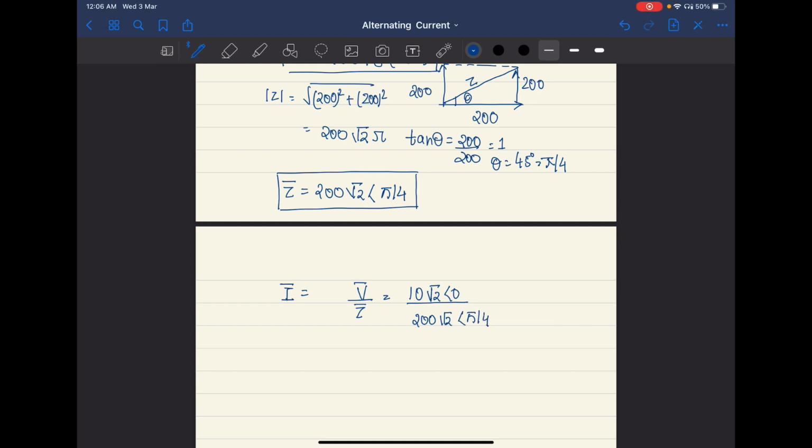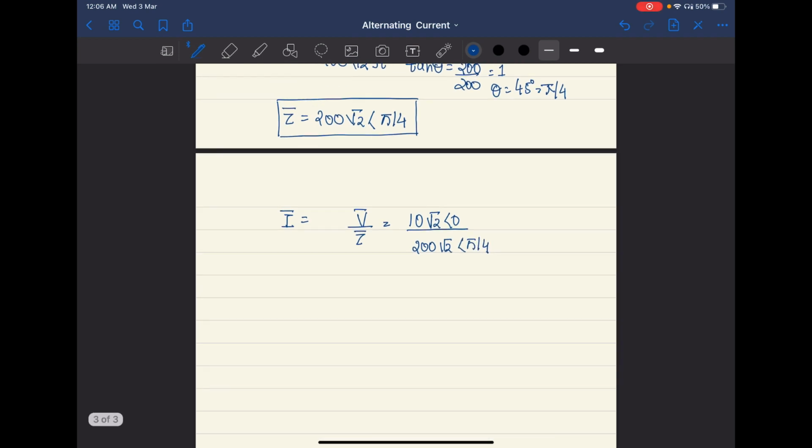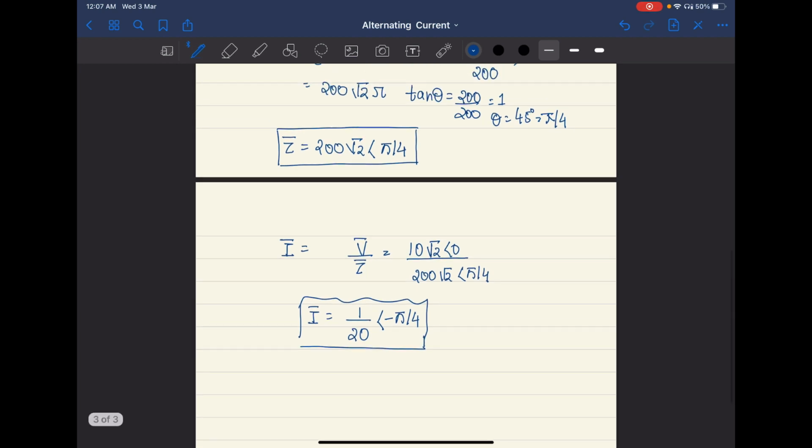So root 2 cancels, and 10 by 200 is 1 by 20, angle minus pi by 4. So the maximum value of current in this circuit is 1 by 20 amperes, and its phase angle is minus pi by 4.